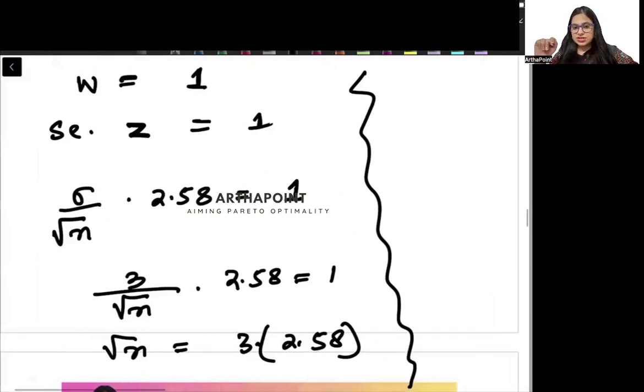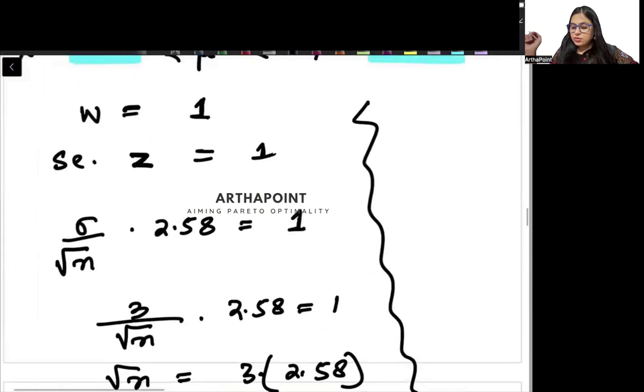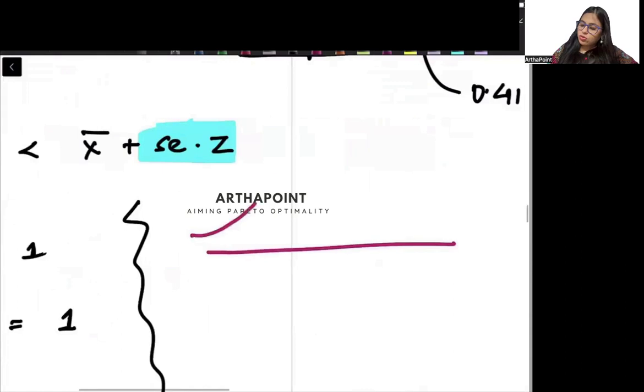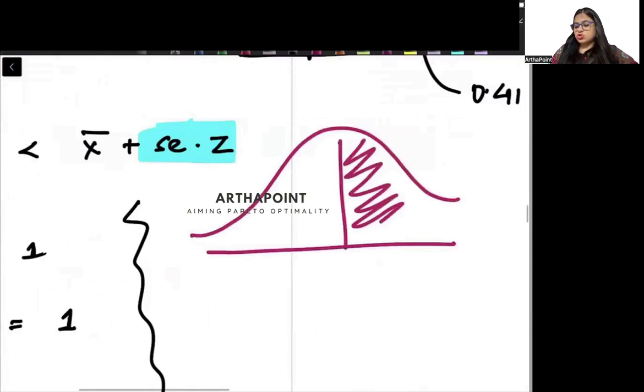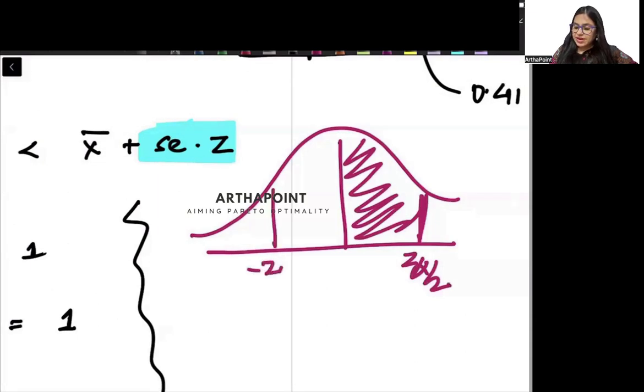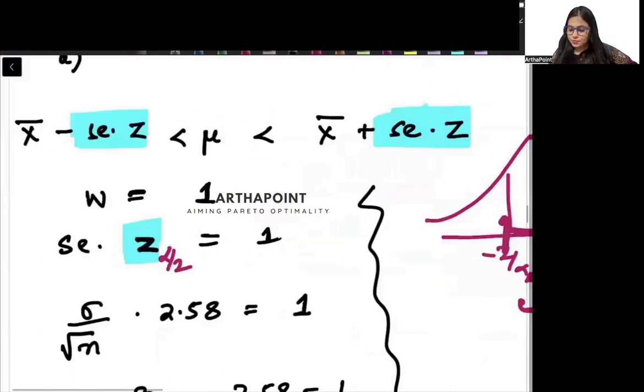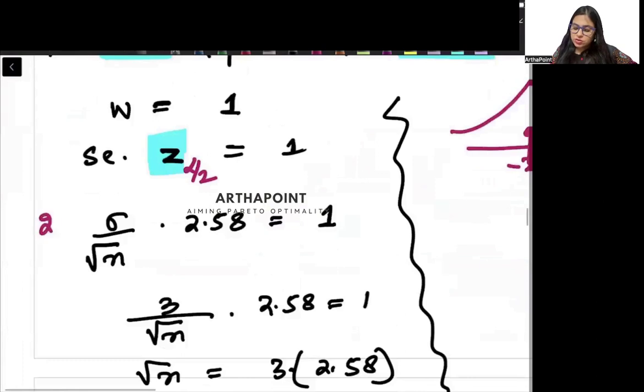Just one thing here. Whenever we write the value of this z, this is z alpha by 2, because we were finding this region, and this was z alpha by 2, with a minus sign on the other side. If I want to find the width, I need to multiply it with 2, so here I will also have a 2.